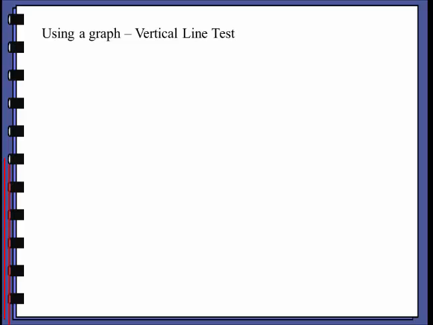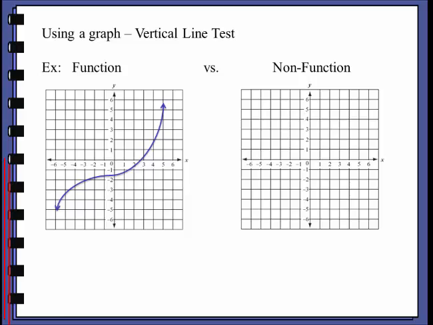Another way we can determine whether a relation is a function or not is that we use what's called a vertical line test. If we have a function versus a non-function, here's my function. Oops, sorry about that.